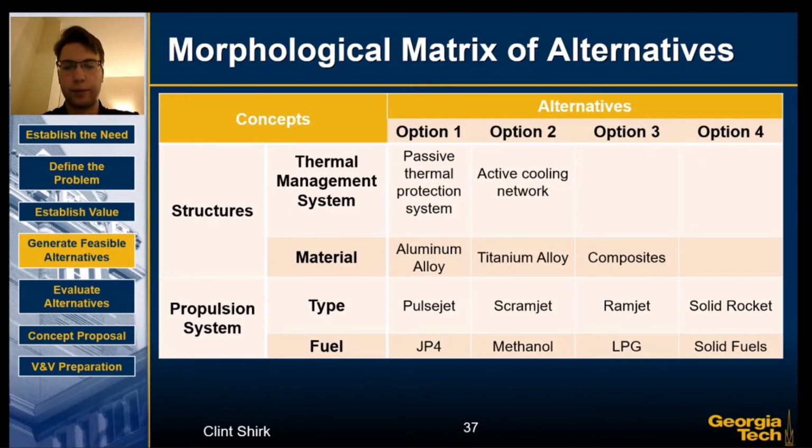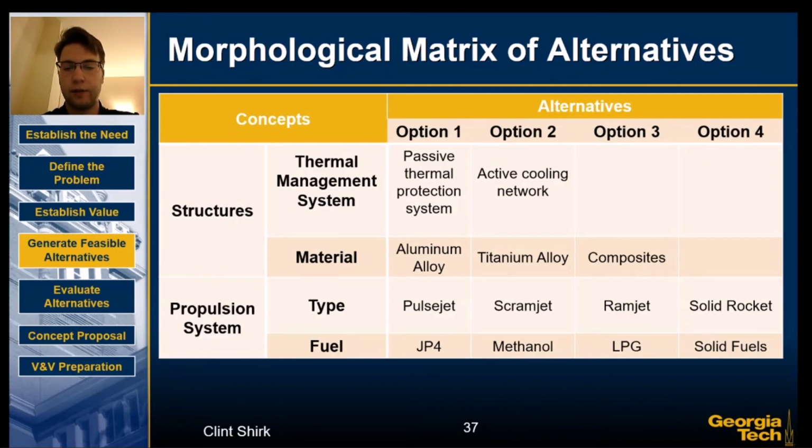The active cooling network is more complicated, with more moving parts. We had to use some sort of working fluid, but it could have better results overall. Next off, we have a structures material type. This includes aluminum alloy, titanium alloy, or a composite. And next we have propulsion systems.